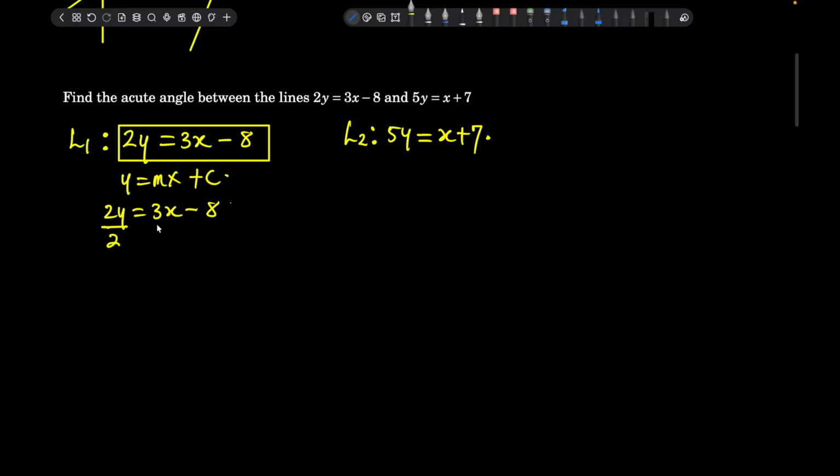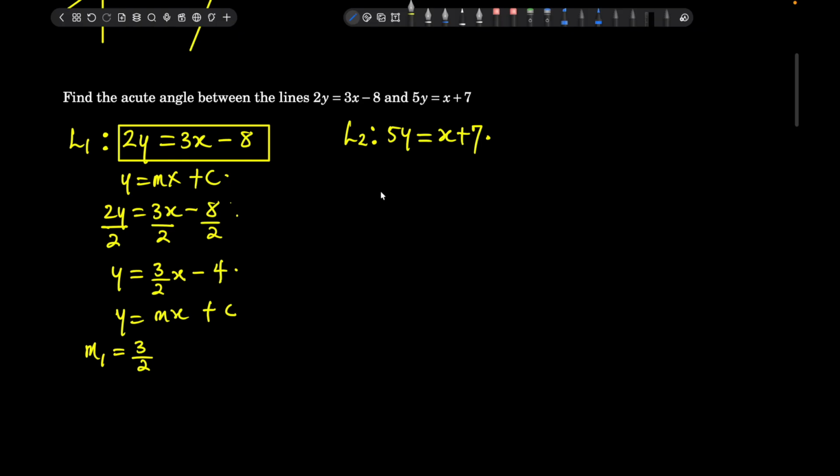This gives y equals 3 over 2 x minus 4. If you remember, we've done this before. Comparing with y equals mx plus c, the slope of this line, m1, is equal to 3 over 2. We don't actually need the intercept.